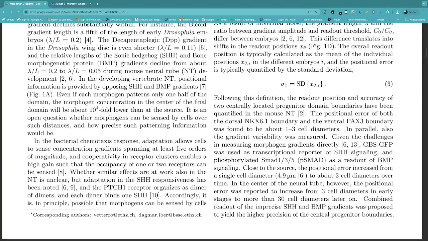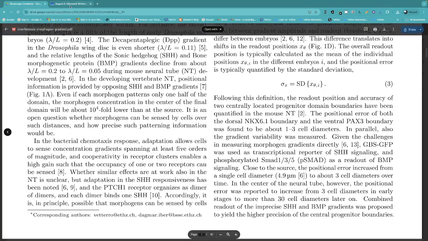So if we go to bacterial chemotaxis and the chemotactic responses there, adaptation allows cells to sense concentration gradients spanning at least 5 orders of magnitude. So this is where different cells are sensing concentration gradients in the environment. They're moving towards different chemical sources, and so they have a really sensitive mechanism for sensing these gradients. So they get to the edge of a chemotactic gradient.